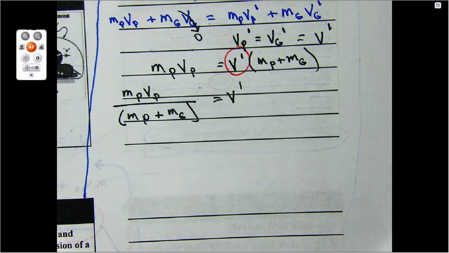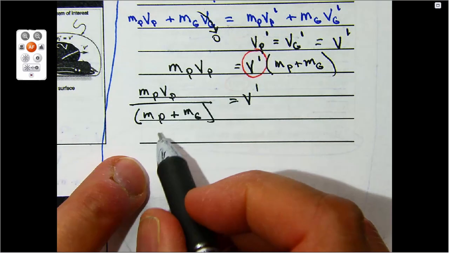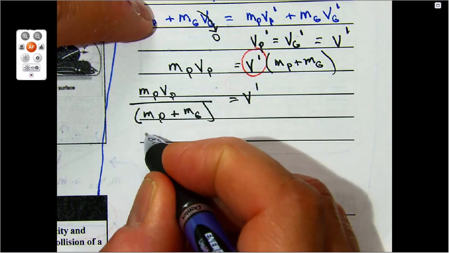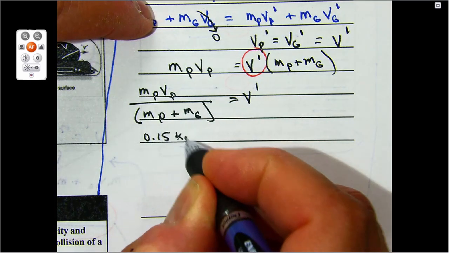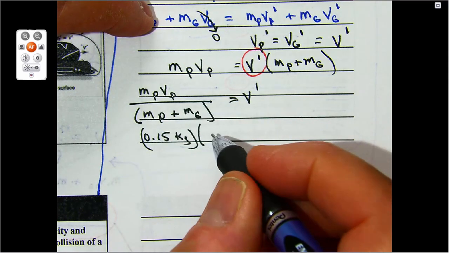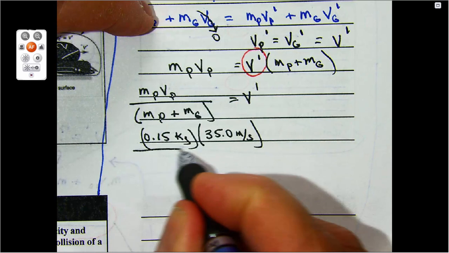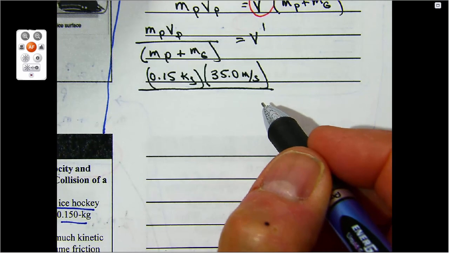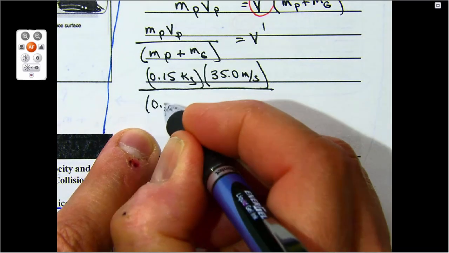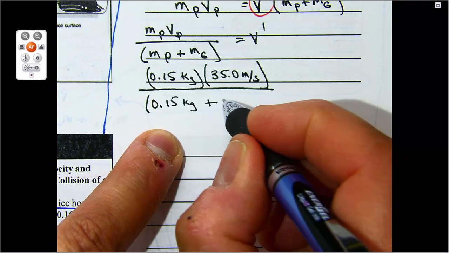And if we plug this in, we're going to have mass of the puck 0.15 kilograms, velocity of the puck 35 meters per second, divided by mass of the puck plus mass of the goalie.